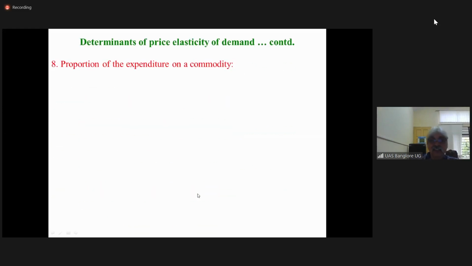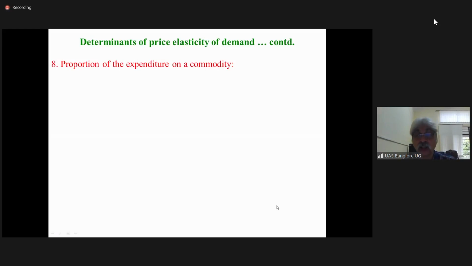Then the eighth determinant of price elasticity is the proportion of the expenditure on the commodity. Every month we have an estimated total expenditure. So every month I spend 25,000 rupees, or every month I spend 35,000 rupees. That is the total expenditure of my family per month.